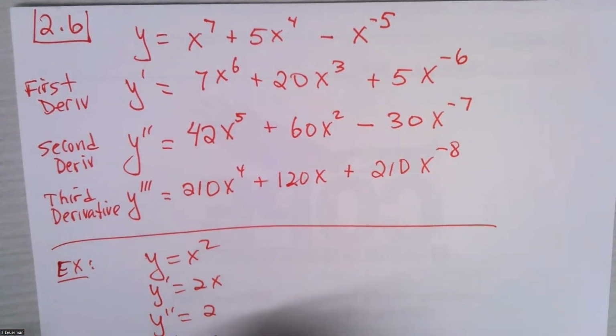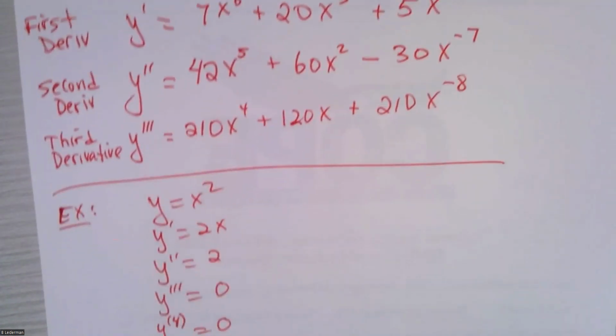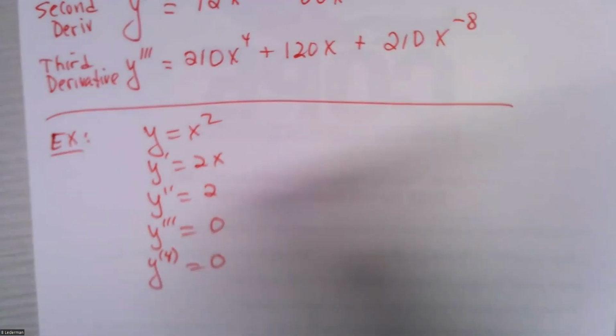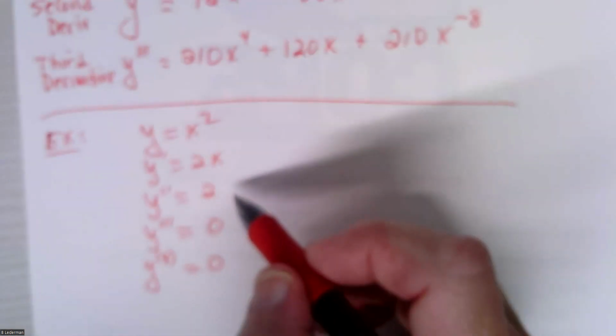This is how you usually write the fourth derivative, you write a 4, but inside parentheses. Well, that's also just 0. And it's going to keep on going, 0, 0, 0 forever, because the derivative of 0 is 0.